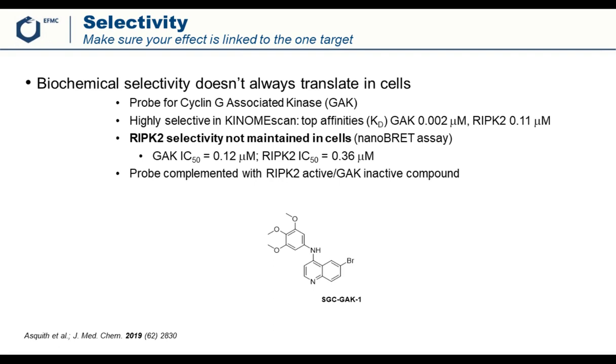So this shows you that you can actually lose perceived selectivity when going from biochemical to cells. Now what the authors did is they complemented this probe with a RIPK2 active, GAK inactive compound in cells. So their probe is still useful because it's complemented with another compound that can help distinguish the biology of GAK and the biology of RIPK2.